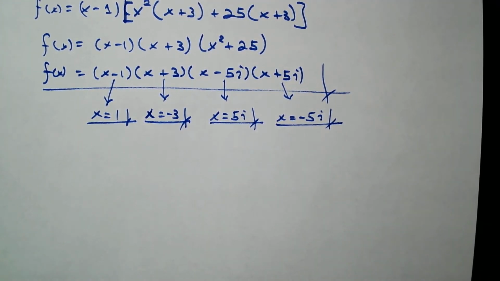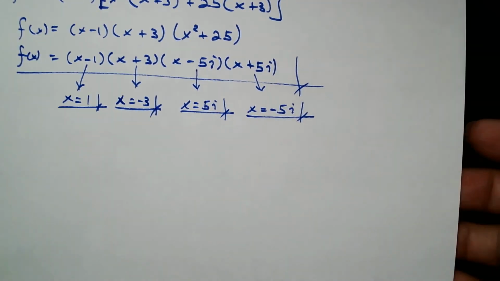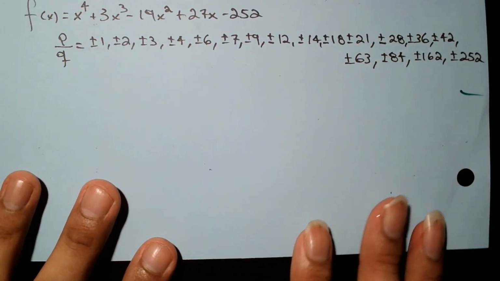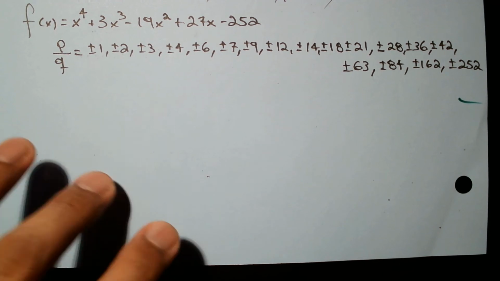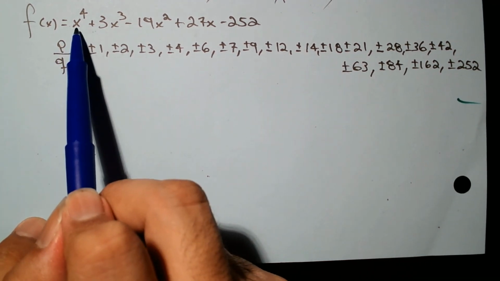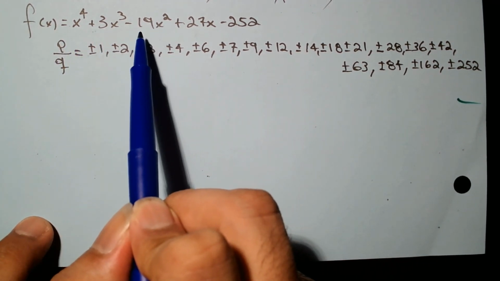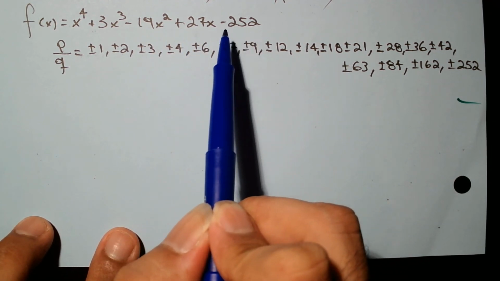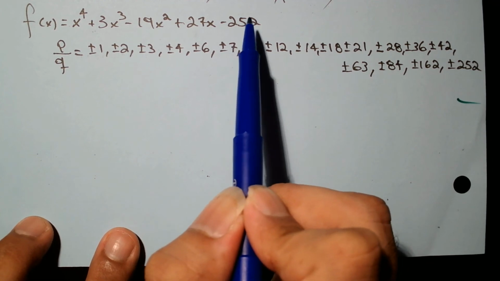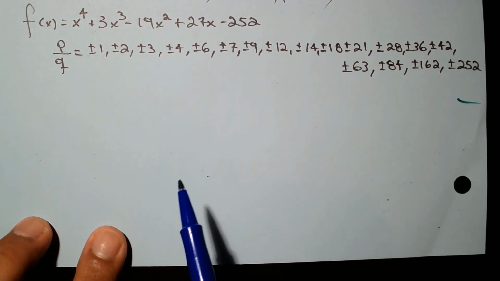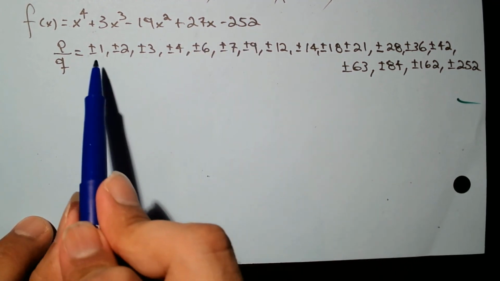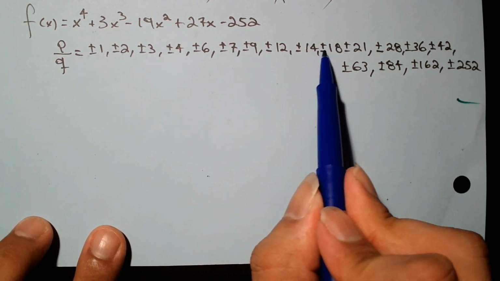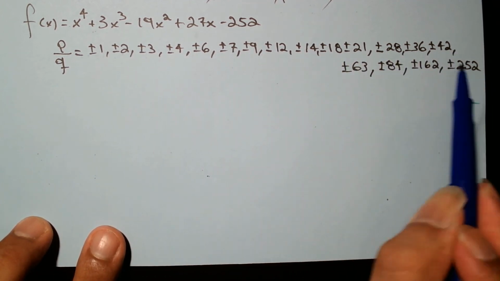So there's another example I would like to cover, and what to do when you get one of these really crazy problems. I already set it up for you. Suppose you have this polynomial x to the 4 power plus 3x cubed minus 19x squared plus 27x minus 252. If you do the p over q, you are going to get all these many potential zeros.